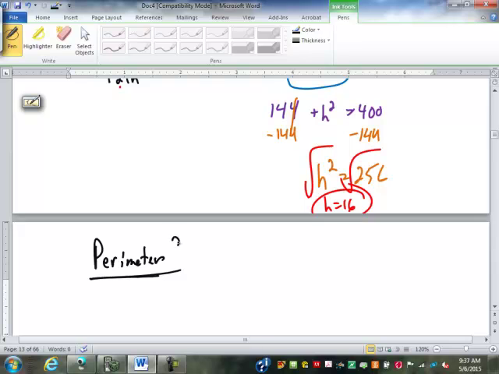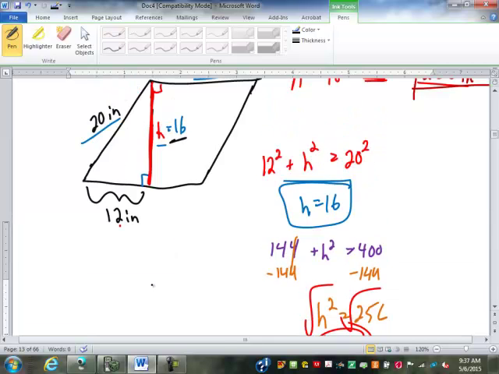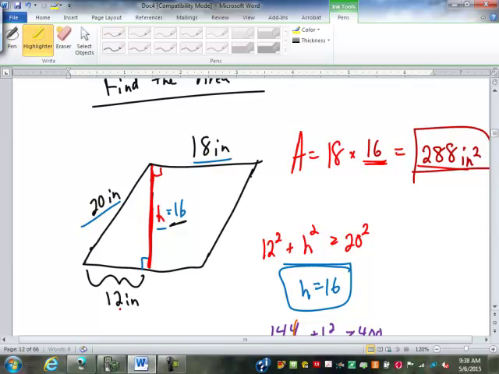How about the perimeter of this? How would you find this perimeter? Perimeter is just adding up the sides. So this is 18, right? This one's 20. How long is this one? 18, and this one is 20.